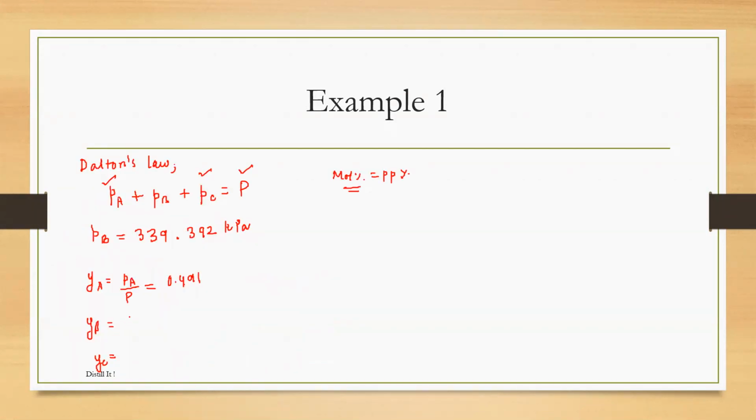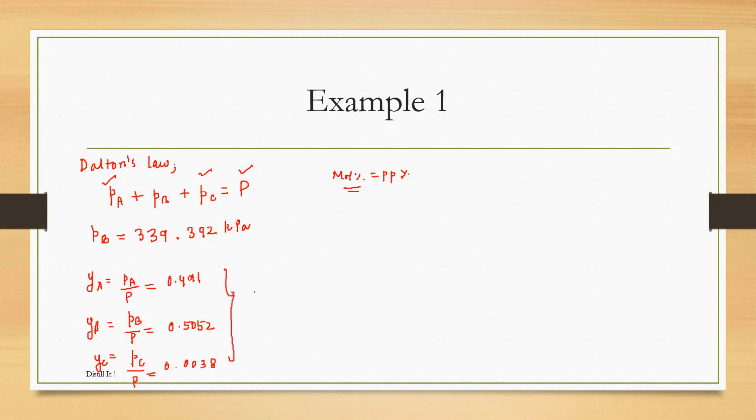To calculate YB, we use PB upon P, that is the partial pressure of B, 339.392, upon the total pressure, 671.785. This equals 0.5052. And YC is the partial pressure of C upon the total pressure, which equals 0.0038.